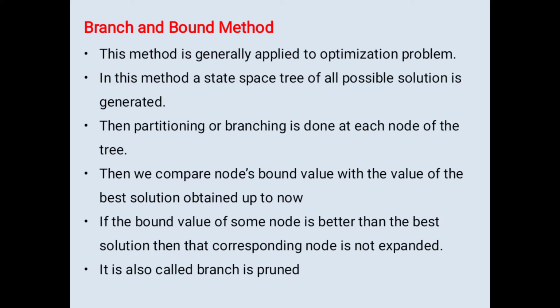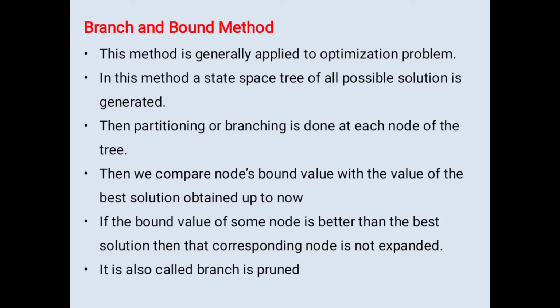Then, if the bound value of some node is better than the best solution, that means the value satisfies the constraints. So that node is not expanded, because the node can give the best solution of the problem.